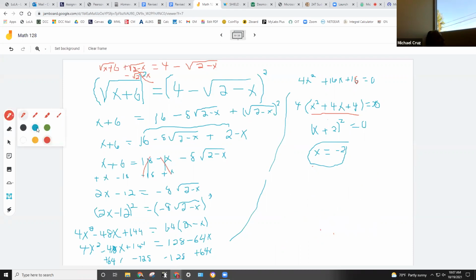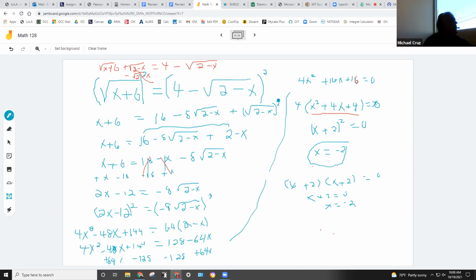And what that means is, okay, so we got this right here just means x plus 2 times x plus 2 is equal to 0. Either way you do it, x plus 2 is equal to 0, which means x is equal to negative 2. If you do it with the other one, you're going to get the same solution. So in this case, there's only one solution.